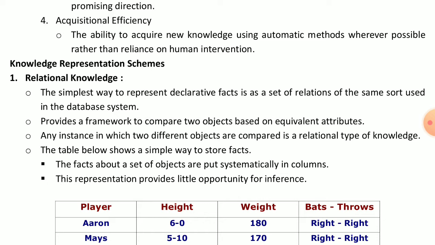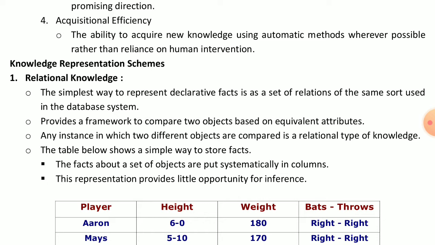First is relational knowledge. Okay, the word relational means the relation between different knowledge. First the basic introduction is given, then we take one example and explain the relational knowledge.